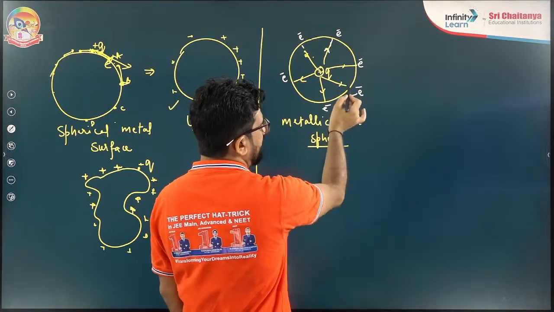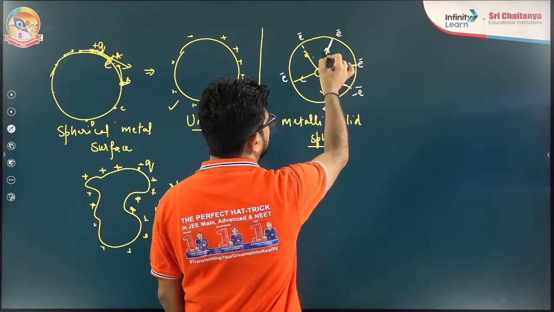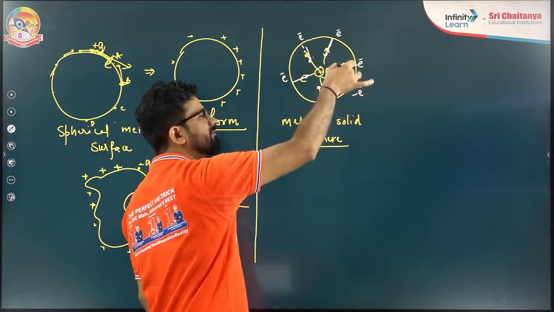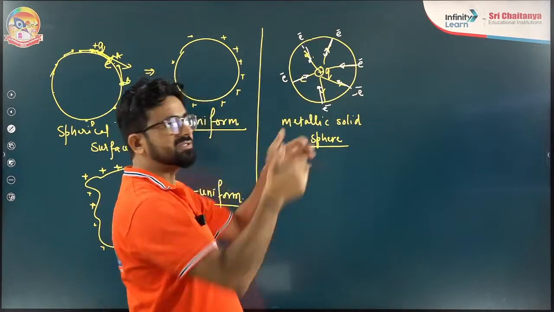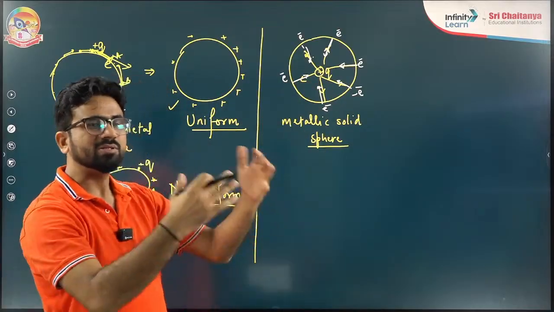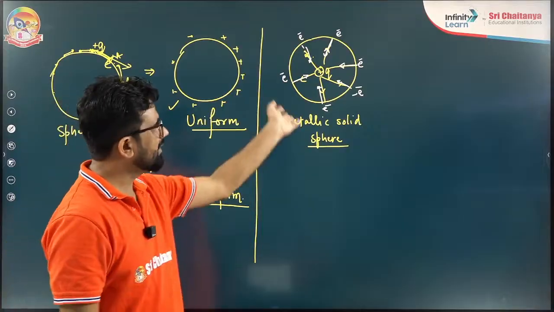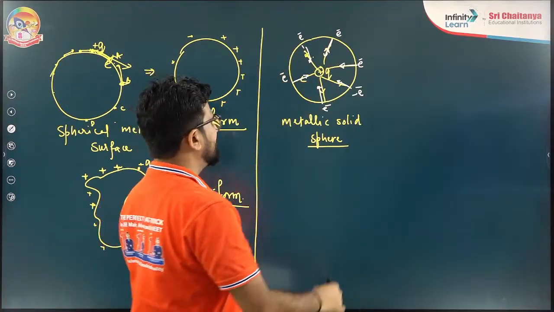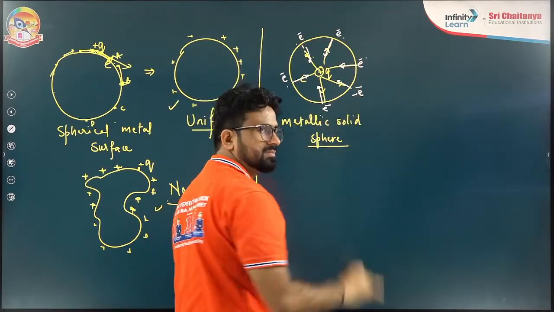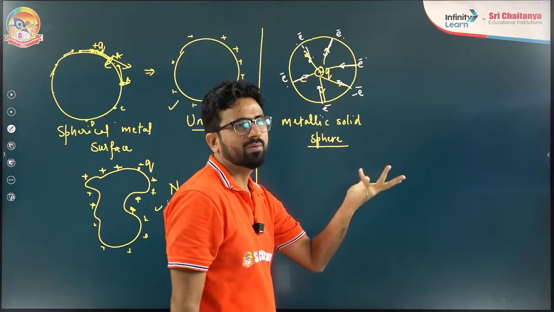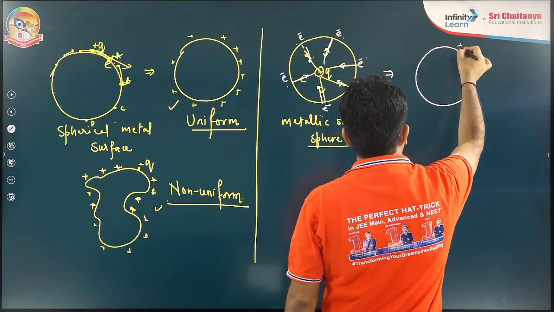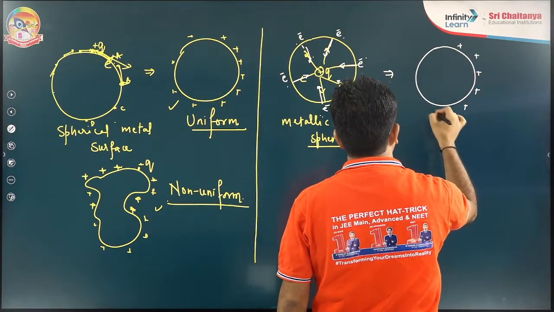Opposite to the field, which means towards the center. So the free electrons from the surface will start to move towards the charge. When they travel towards the charge, they leave behind positive charge, positive, positive, positive. And finally this will be neutralized. So this is converting, and again the charge comes on the surface.